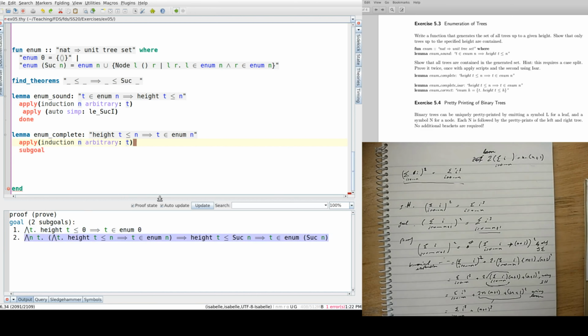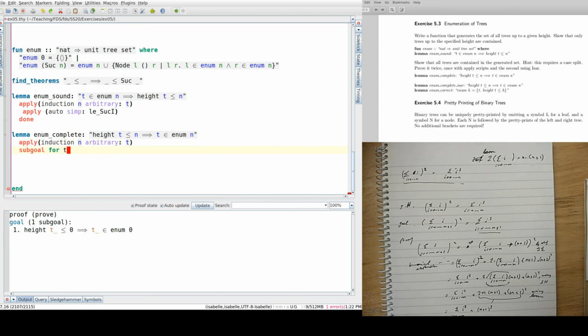If you want to focus on one subgoal, the first subgoal in the list, you can say subgoal, and then you have to give the variables a name. So here, for example, the variables on which there is a quantification, here we have for all t. Then we will just say the first subgoal for t. Okay, I want to apply auto.